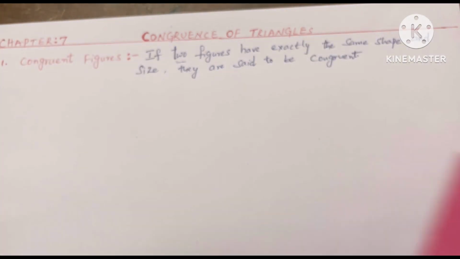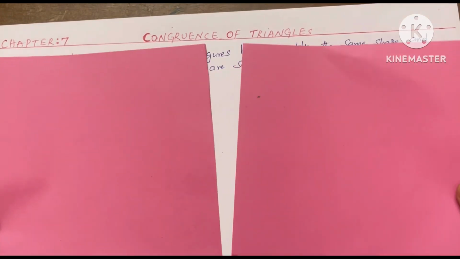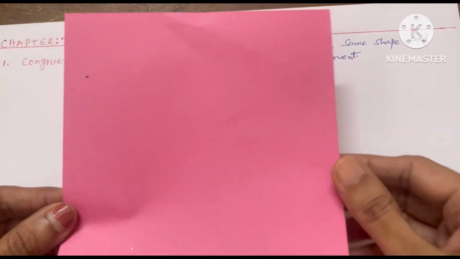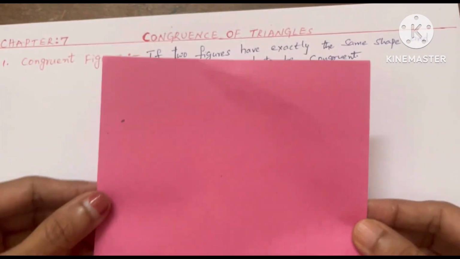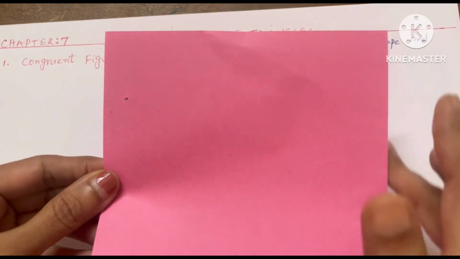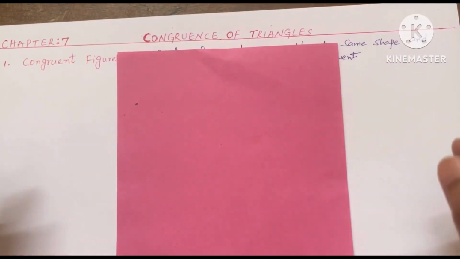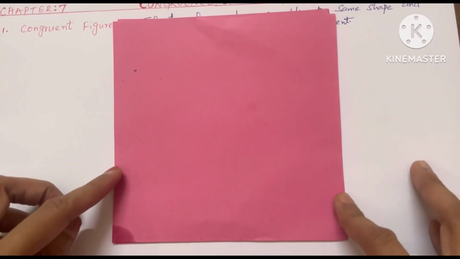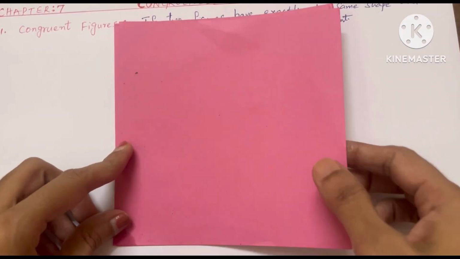Now, these are two squares. If I superimpose one upon the other, these two exactly overlap without giving any space. So I am saying that these two squares are congruent figures.